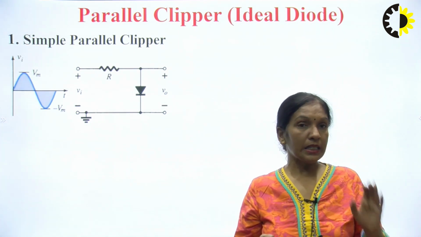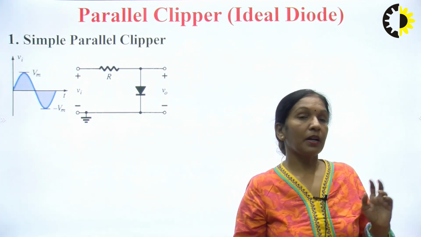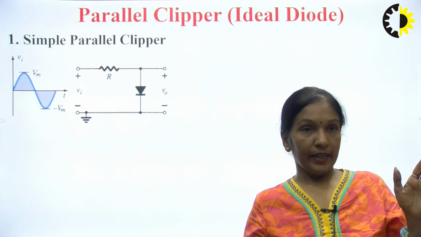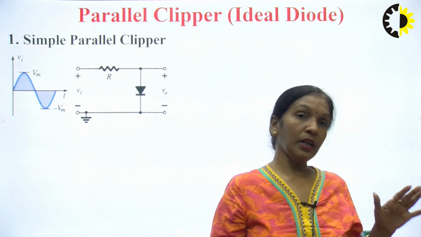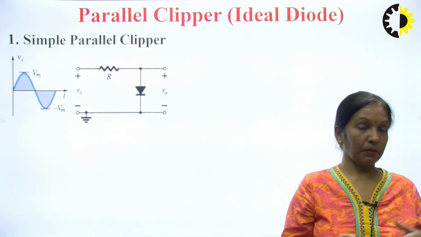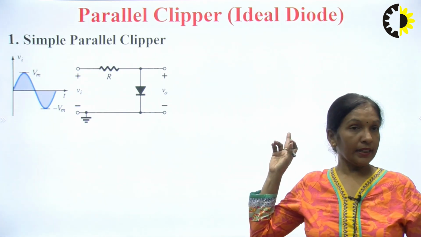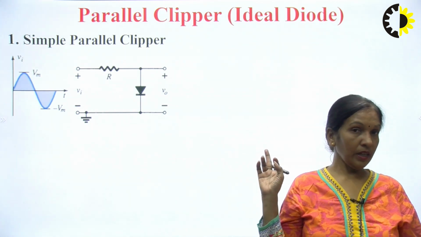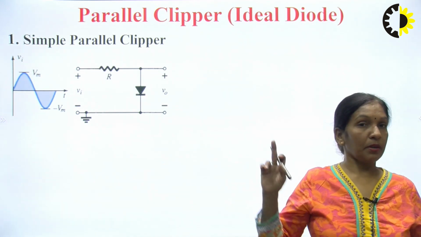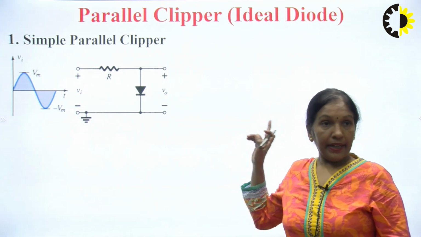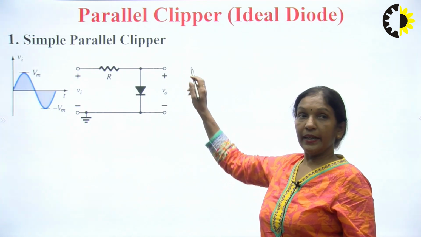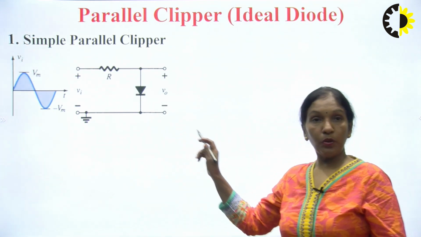Similarly, the parallel clippers can also be subdivided into the unbiased clipper or the biased clipper. Here we can see the first, simplest parallel clipper circuit, which is an unbiased clipper, because the diode is connected in parallel with the output.